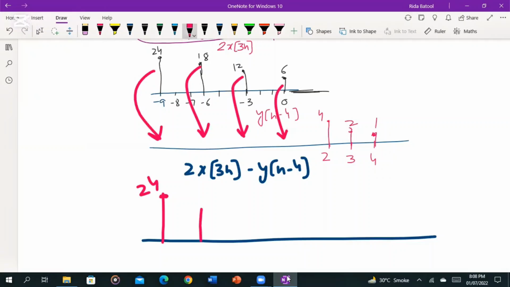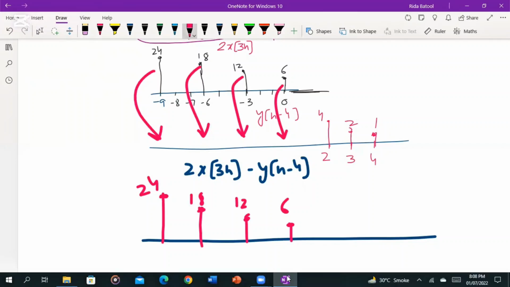So all these samples will remain the same. Now look at this. So it would be 18, 12, and 6. Is it clear till now? Yes, sir.